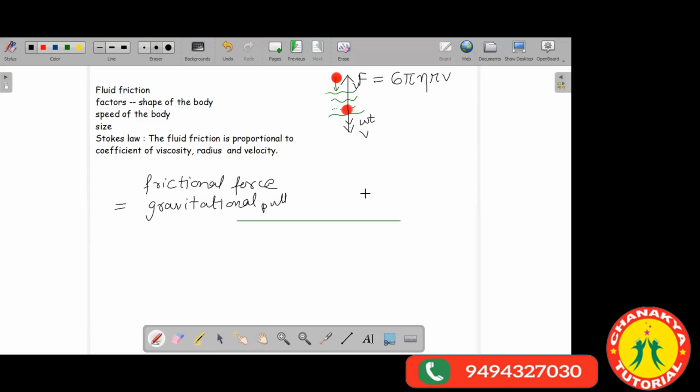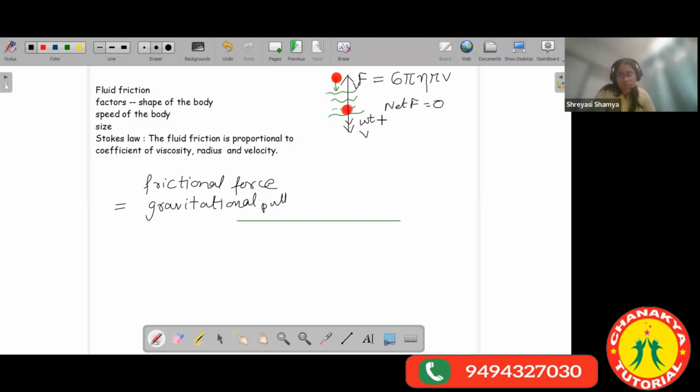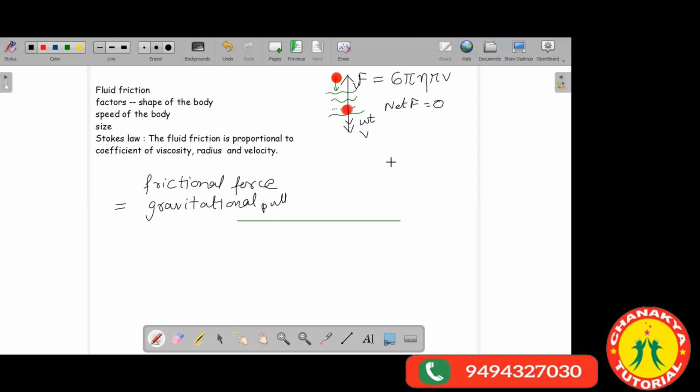Why will the ball move if the net force is equal to 0 here? Here we obtain that the net force is equal to 0. So shall the ball move? No, sir. Almost correct.